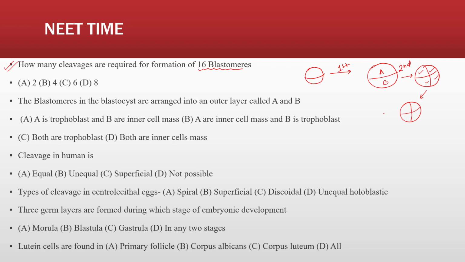The third cleavage is difficult to show on this two-dimensional view, but it will make 8 blastomeres. And the fourth cleavage will make 16 blastomeres.